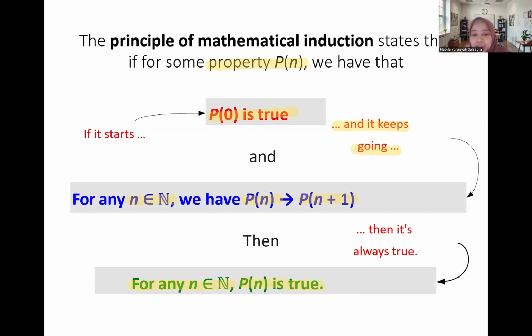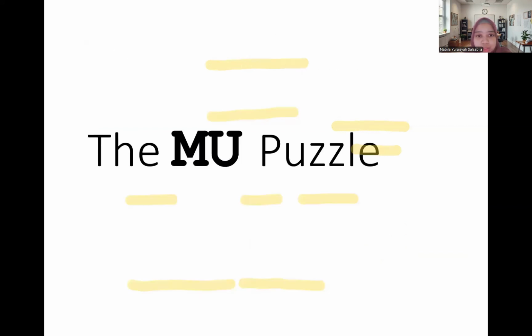Then it's always true for all natural numbers. So that's the main point of mathematical induction. First, the base case must be true. Pertama, base case-nya harus benar. Kedua, if Pn is true, then Pn plus 1 is true. Ya, jika Pn benar, maka Pn plus 1 is true. Okay, next.